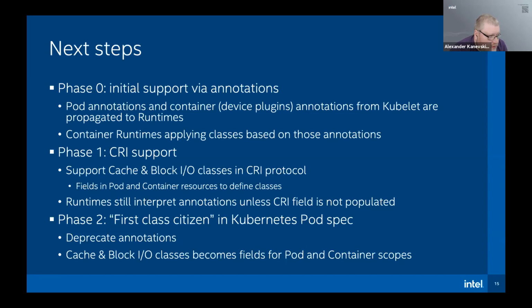At this stage, we will still be able to use the annotations if those fields are not populated by the kubelet. And as the last stage, we hope to get the pod spec changed so users can use those cache control and block I/O fields as first-class citizens in the pod spec. At that stage, we think we can drop support for all the annotations.